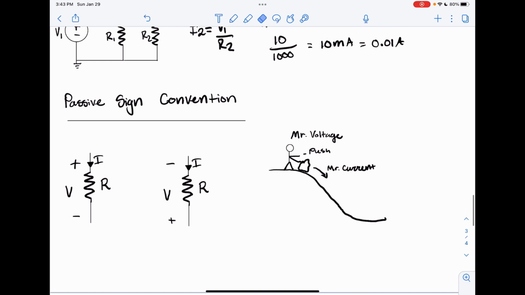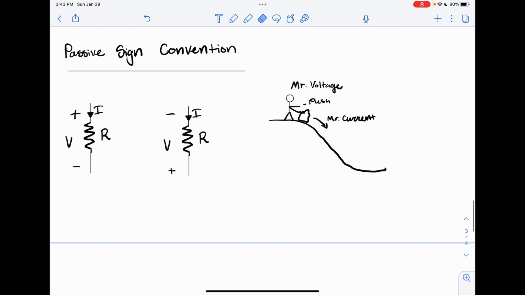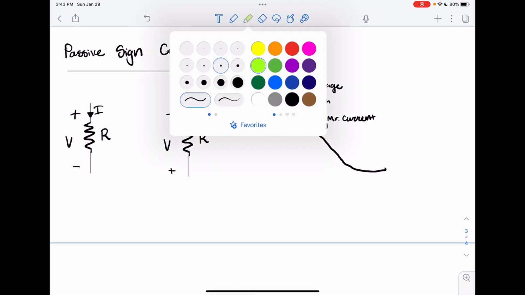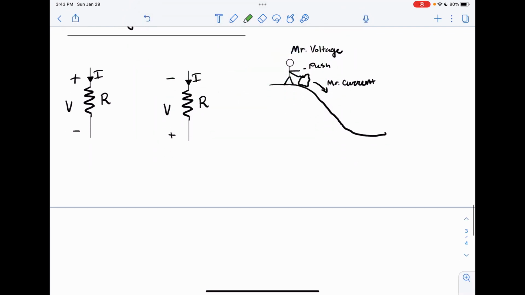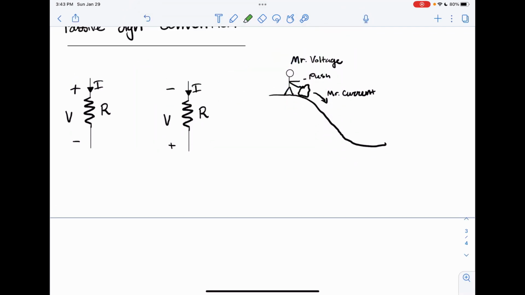Last thing I want to talk about in this particular lecture is the passive sign convention. We talked about earlier that current was the flow of positively charged particles for us. Now, I want you to take a second and take a gander at these two diagrams here before we talk about Mr. Voltage over here.